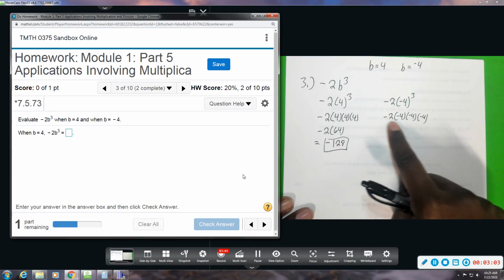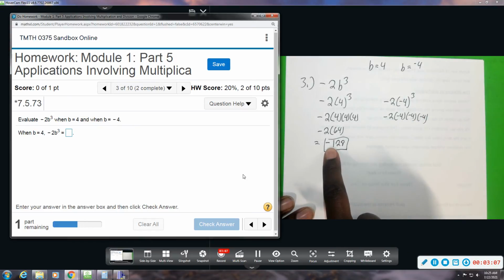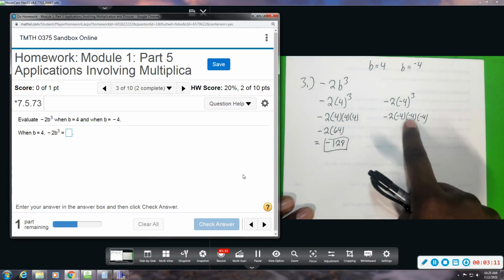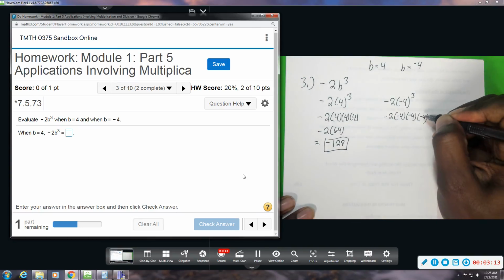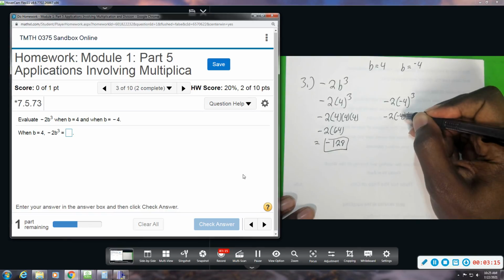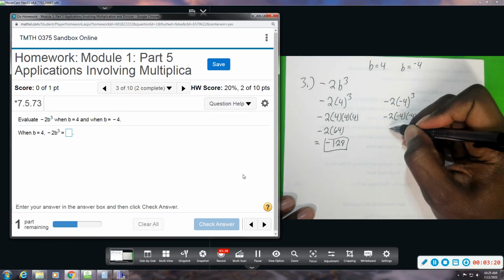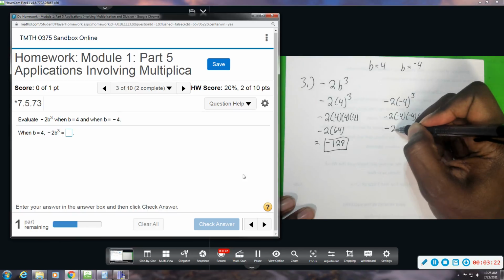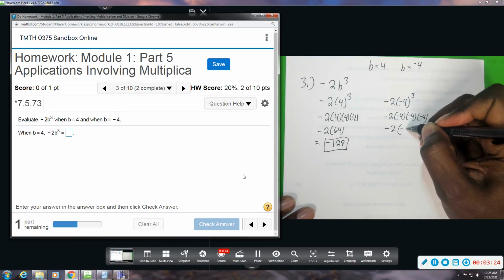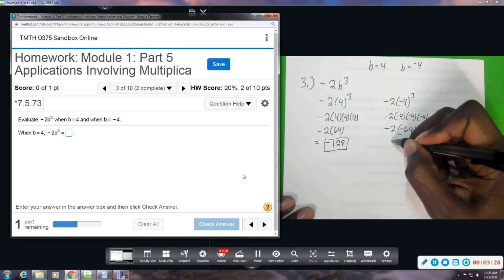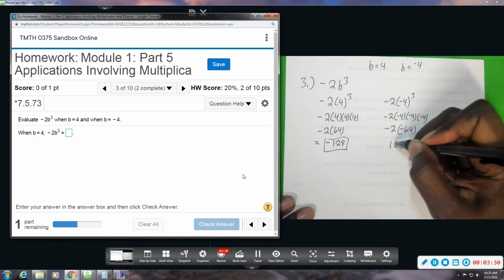So I know all together I'm still multiplying the same numbers. I'm going to get 128, but instead of negative, it's going to be positive because I have an even number of positives. But if you do the negative 4 cubed first, 1, 2, 3, you will have this negative 2 still here, and then this will be times negative 64. And then here, negative times a negative will give you a positive 128.